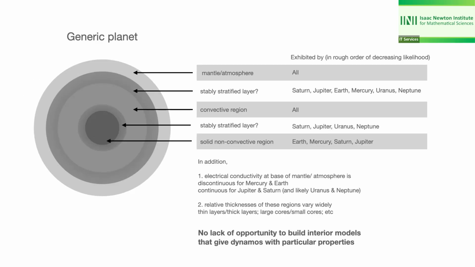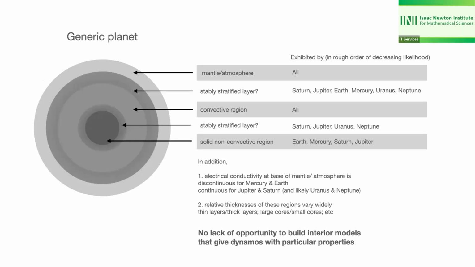A stably stratified region at the bottom, Saturn and Jupiter, from possible dissolution of the solid inner core into the overlying hydrogen. The hydrogen's really hot, so most things will dissolve in it. And the inner core, Earth and Mercury, Saturn and Jupiter, as I mentioned.